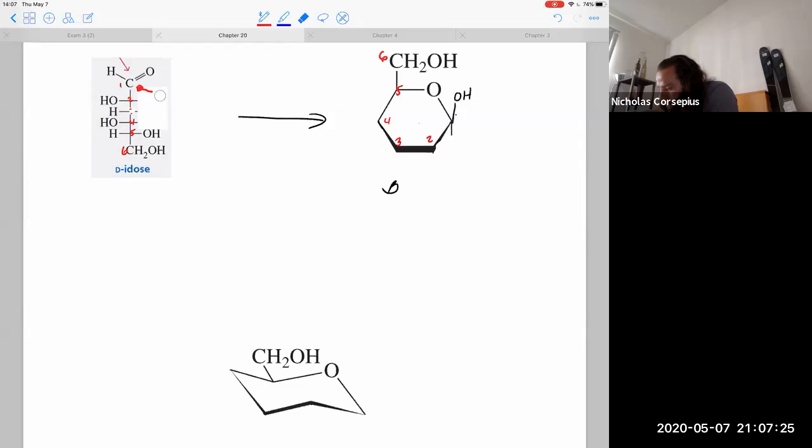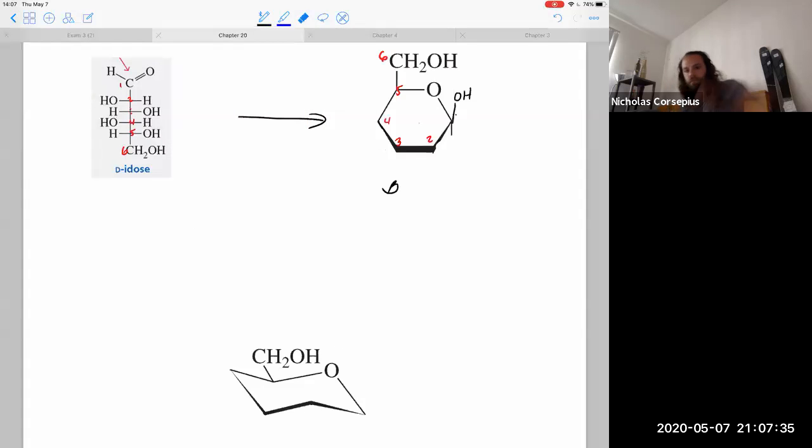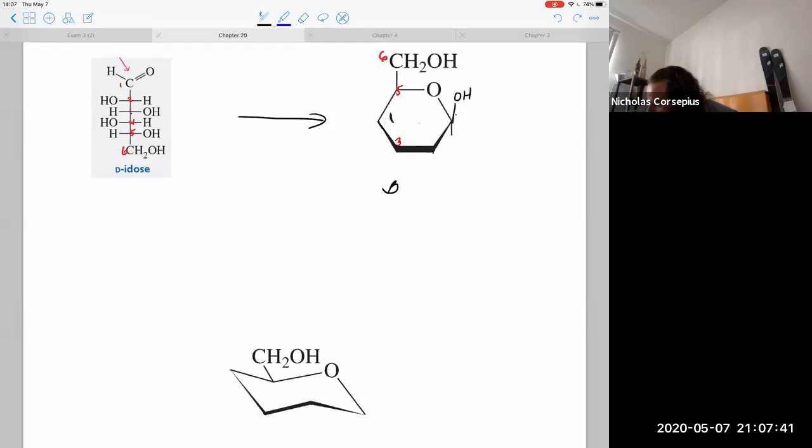So now we can look at what's going on there. On carbons 2 and 4, they're on the left, so that means they should be pointing up.